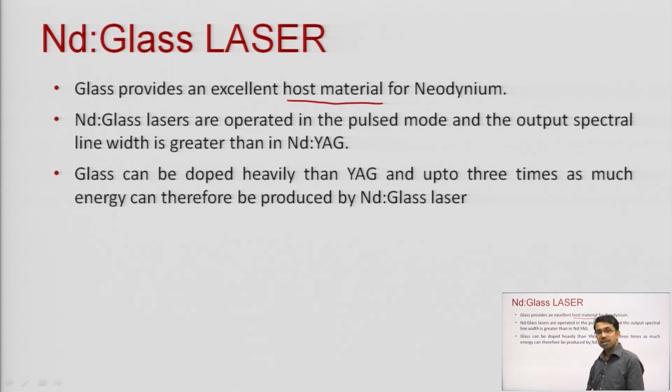Also, glass can be doped heavily. We can add more impurity to glass than to yttrium aluminium garnet. If we add more impurity, then we have more atoms of neodymium.